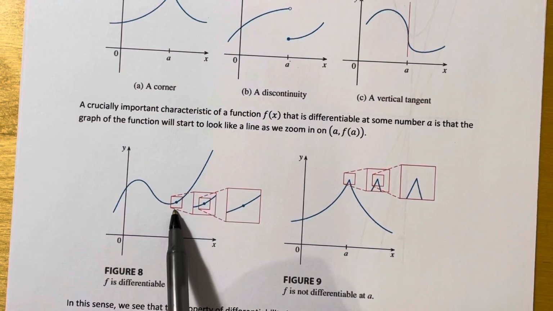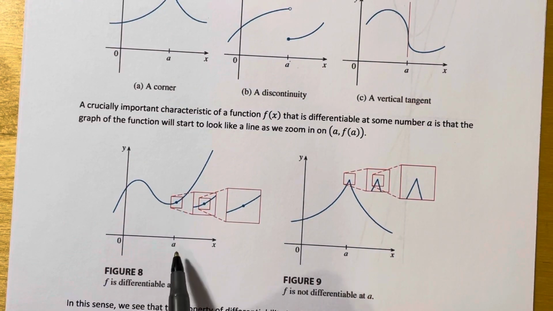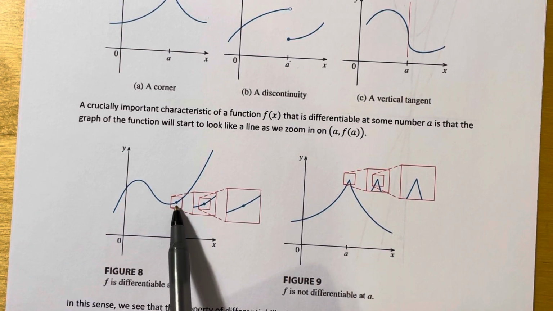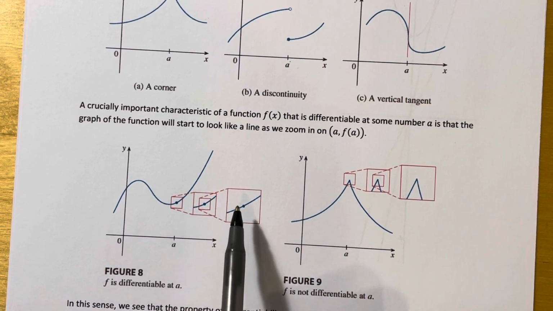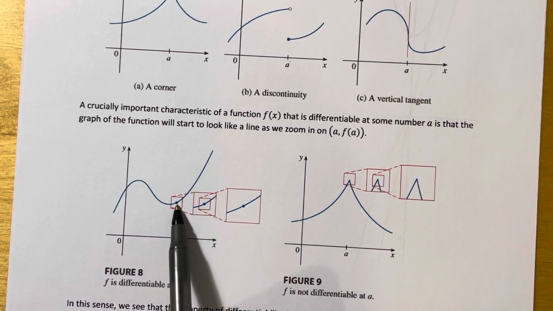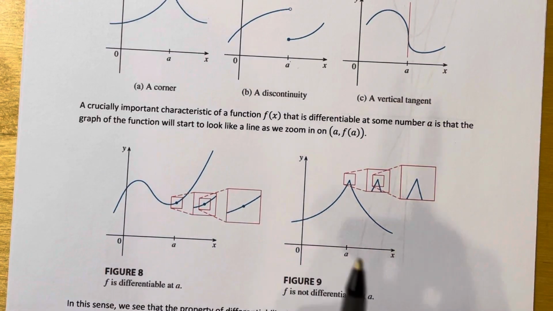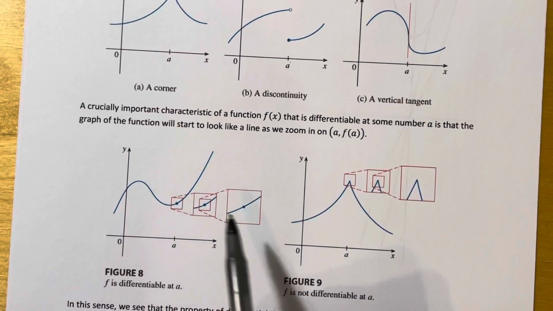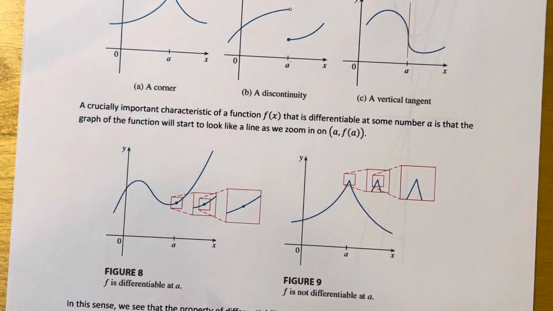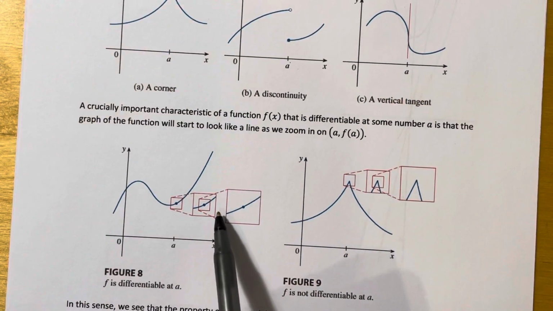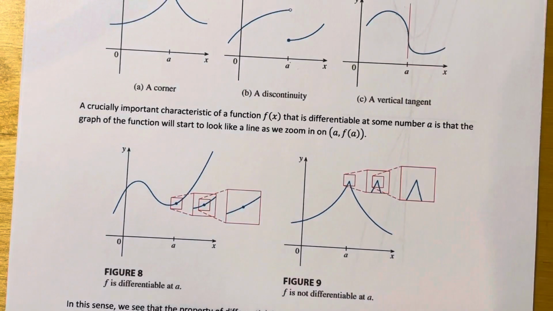If I look at the point that corresponds to that x value of a, and I continue zooming in on that part of the curve, the more I zoom in, the more that little window starts to look like a straight line. Even though it's part of a curve, the more I zoom in, the more it's going to appear as if it were a straight line.